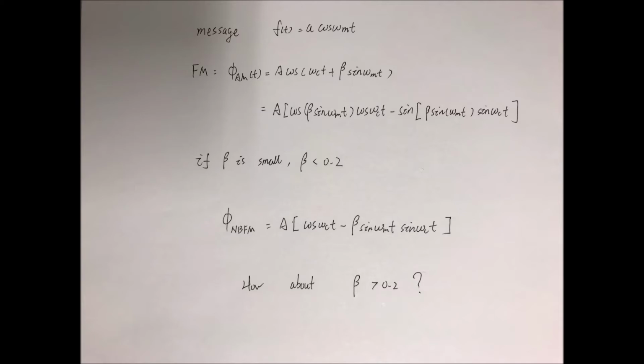Okay, and last time we talked about if beta is small, beta less than 0.2, this equation can be written as narrowband FM.